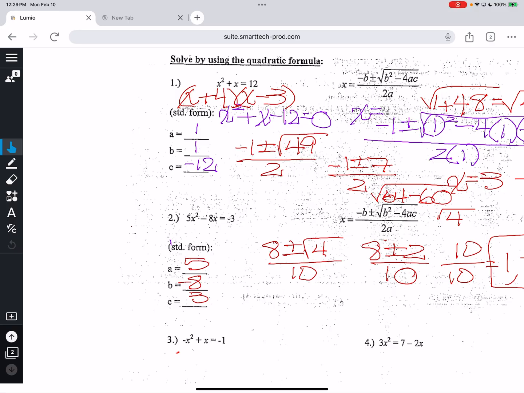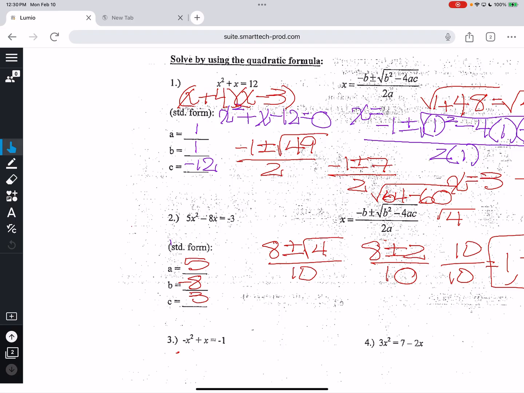You have to determine those, and then we'll put it into the quadratic formula: opposite b plus or minus the radical b squared minus 4ac all over 2a. Work the radical first. It's just like grouping, and the radical is treated as a grouping.